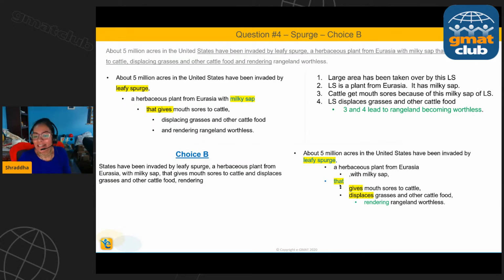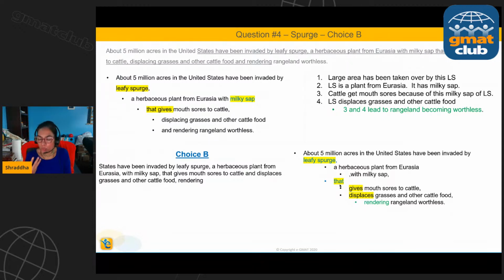So basically, the thing to understand over here is that leafy spurge and milky sap are not mutually exclusive entities. It's not that leafy spurge exists on its own and milky sap exists on its own. Leafy spurge carries milky sap. It's not that the cattle are licking milky sap and that's why they are getting mouth sore. No, they go to eat leafy spurge because that's another kind of food for them.